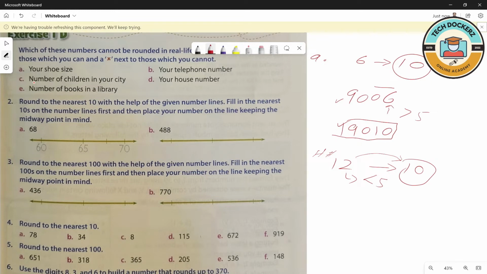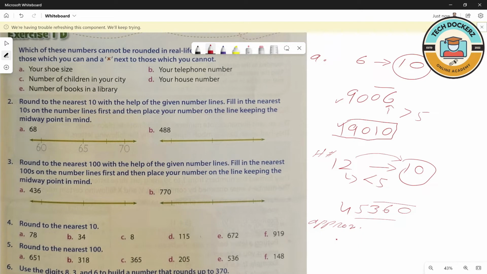All right, question number 1C, number of children in your city. In our city we have, let's say, 45,360 children, which is an approximate number. And round to the nearest 100.